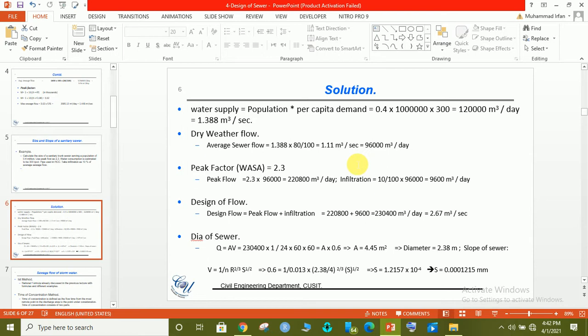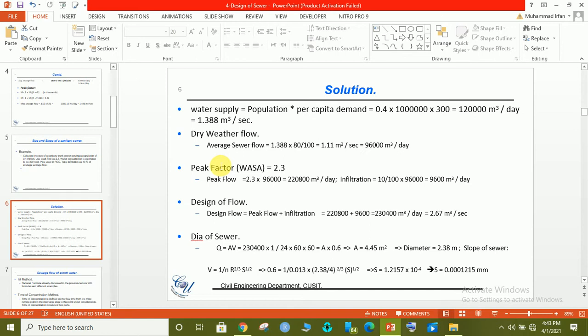It is the wastewater generated by this many people. The water supply is 1.388, and the wastewater generated per second is 1.11. Simply multiplying 0.8 with the water supply gives 96,000 meter cube per day. This is the average flow.